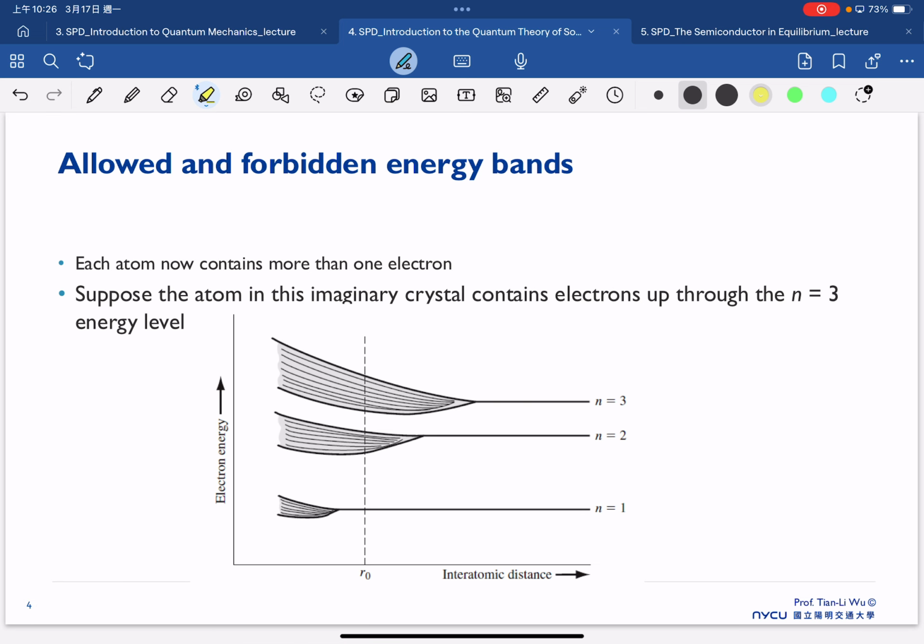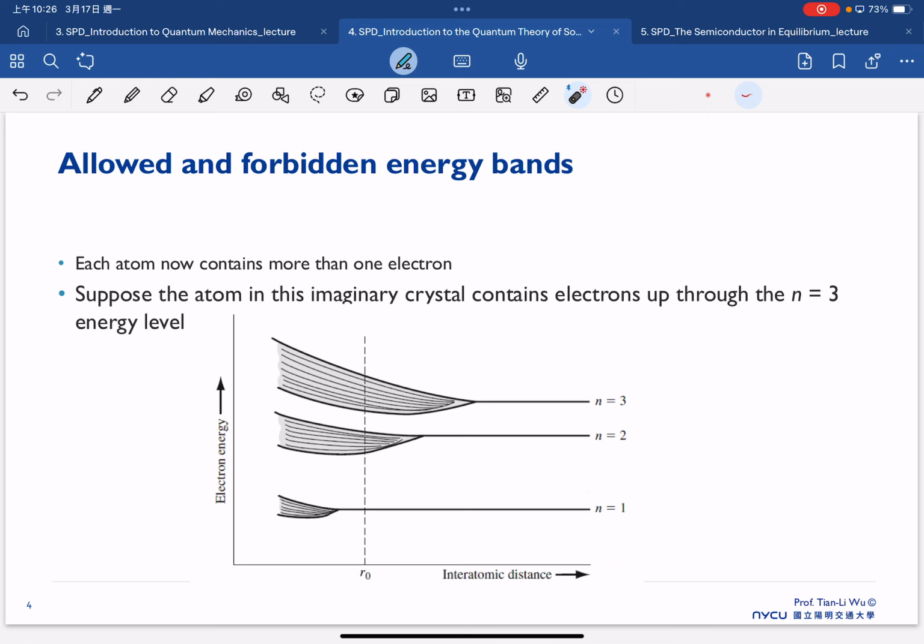Now, since each atom contains more than one electron, suppose the atom in the crystal contains electrons up through n equal to 3. So now we have this schematic: n equal to 1, n equal to 2, n equal to 3.